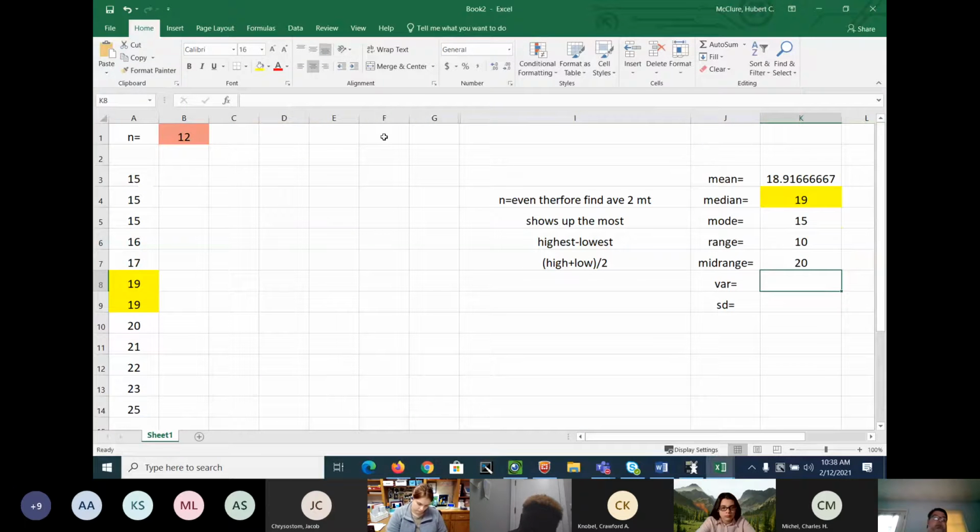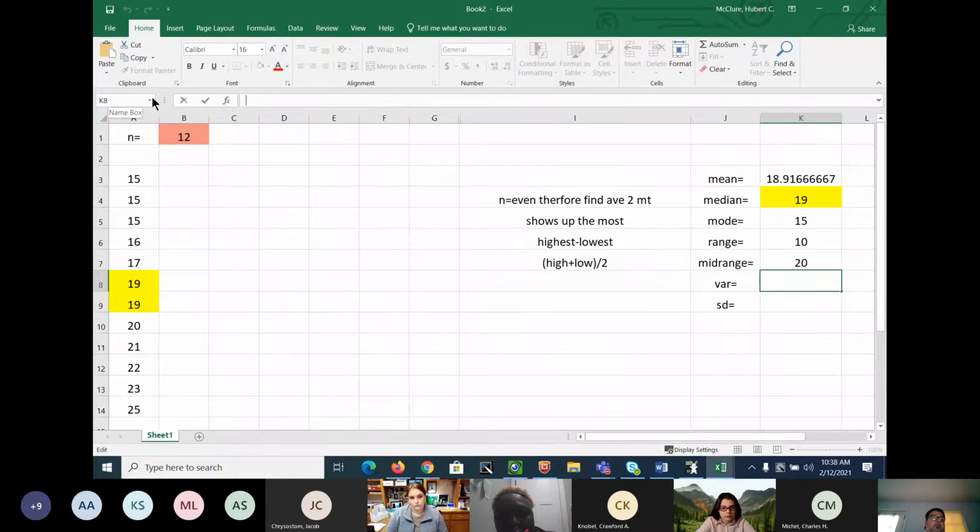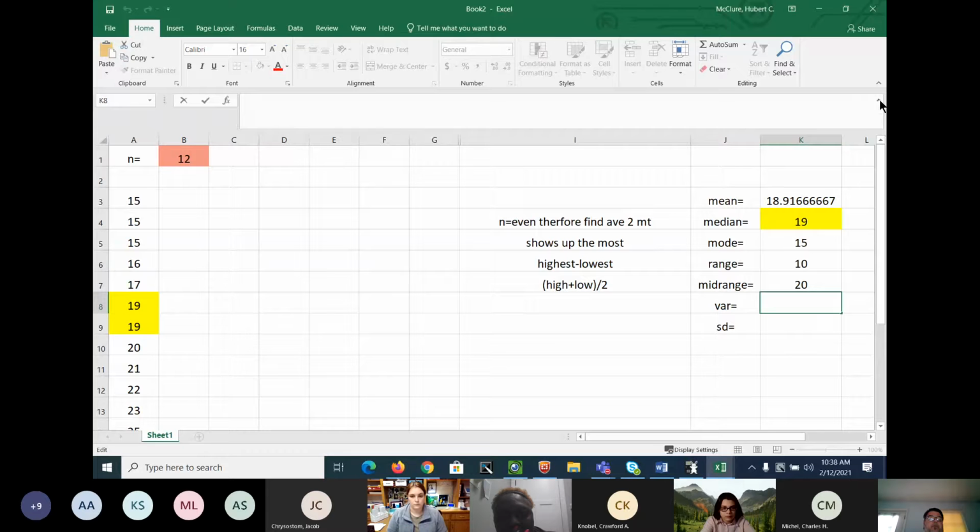I wish I could make this formula area a little bit bigger so you could see it.